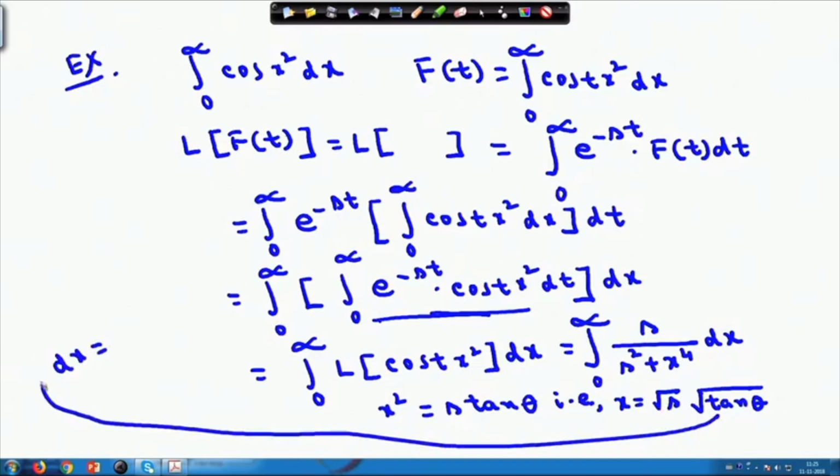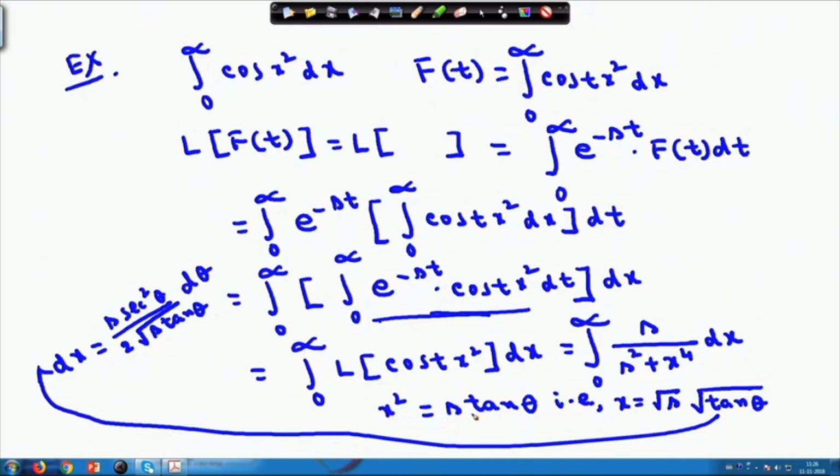Your dx will be s sec square theta by 2 into root over s tan theta into d theta. So now dx is this; you have assumed x square as s tan theta.